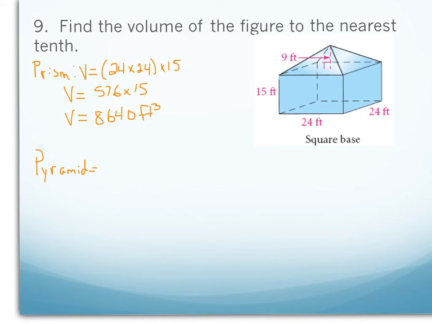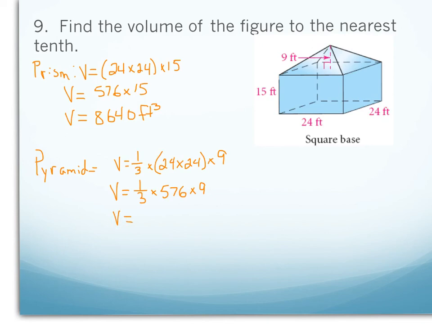Then to find the volume of the pyramid, I'm going to take 1/3 times the area of the base. It's a square base, so 24 times 24, times the height of the pyramid, which is 9. So volume equals 1/3 times 576 times 9.